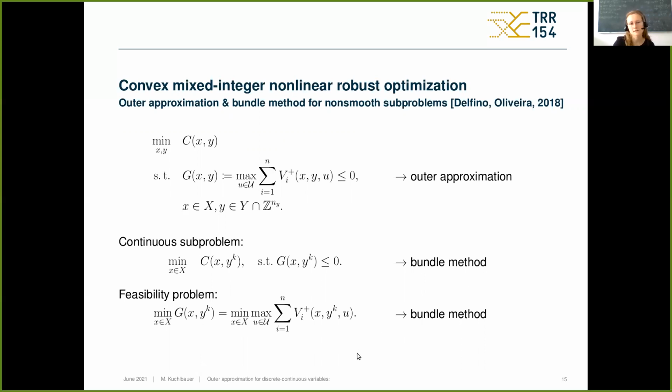But still we want to consider inexactness in the evaluation of the worst case. We have seen that this is not a problem for the adaptive bundle method, but now let's see what type of inexactness we still have in the result of the bundle method, and which has to be considered in the outer approximation method.